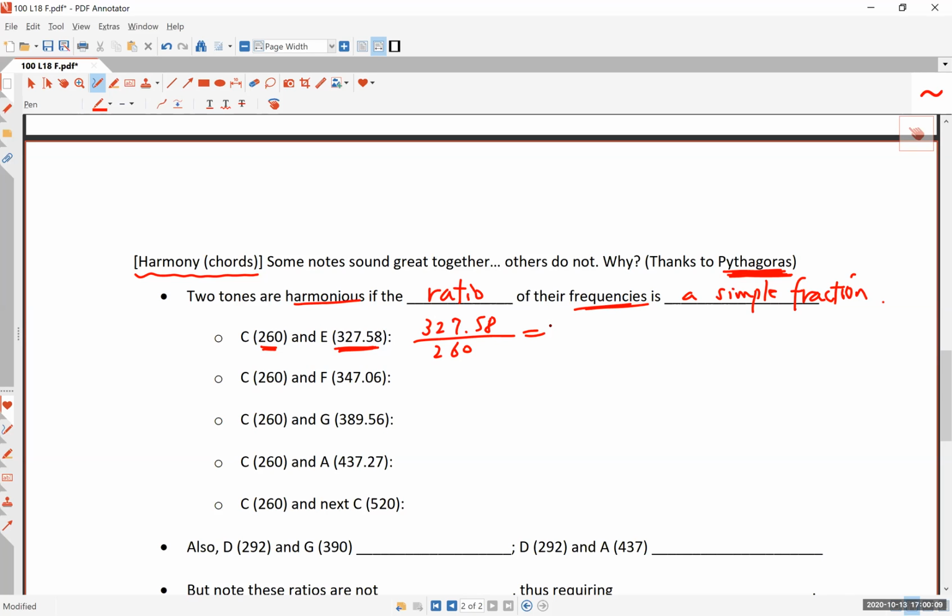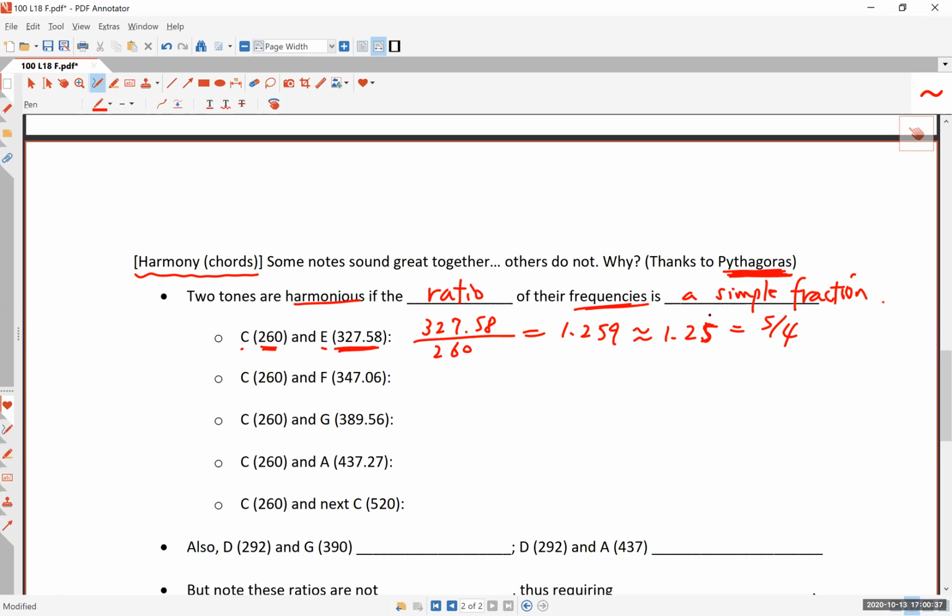That would be the ratio of the frequency of E and the frequency of C. It turns out to be about 1.259, which is fairly close to 1.25. And 1.25 is 5/4. If you divide 5 by 4, you get 1.25, a number fairly close to the ratio between the frequency of E and that of C.